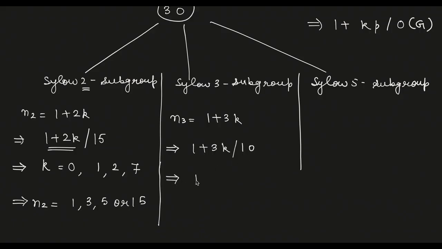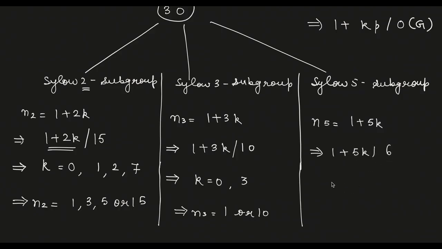So k can be 0, k cannot be 1, k cannot be 2, k can be 3. So n3 is equal to 1 or 10. n5 is equal to 1 plus 5k. 1 plus 5k divides 6. So k is 0 or 1. So n5 is equal to 1 or 6.